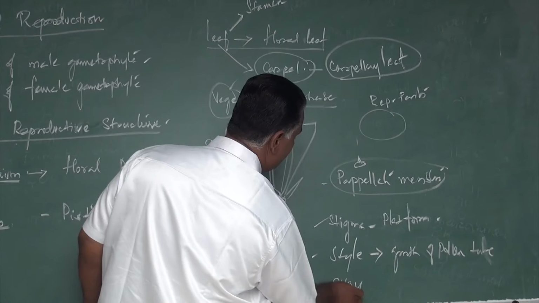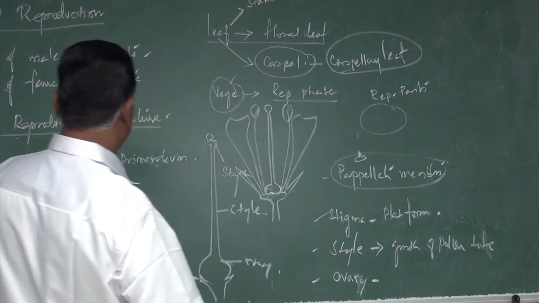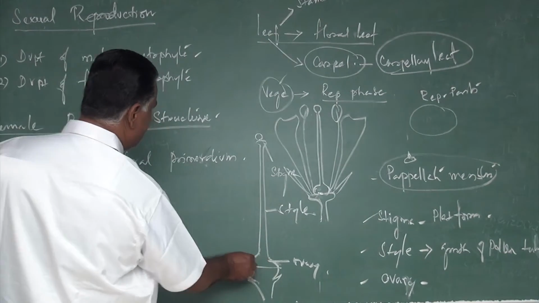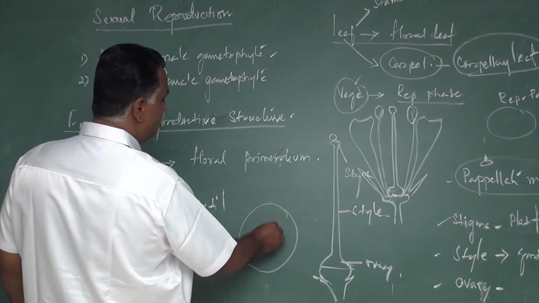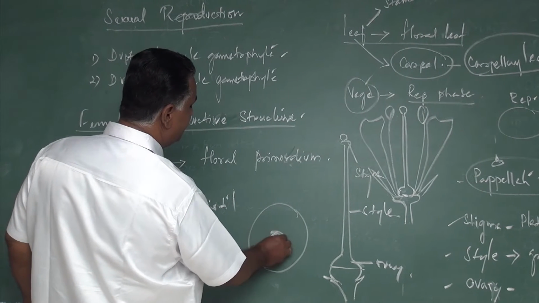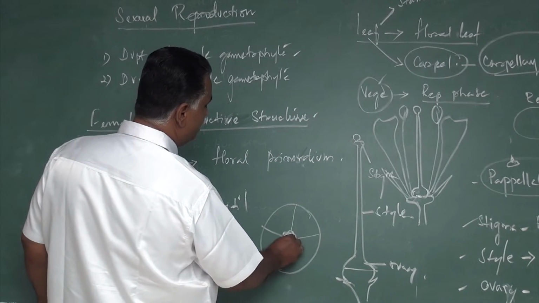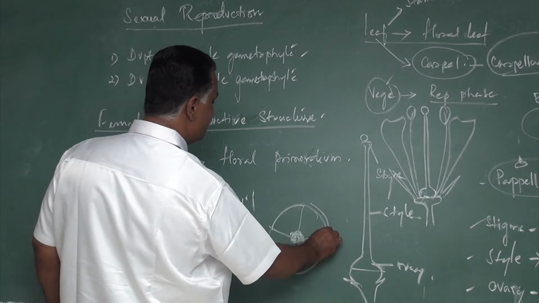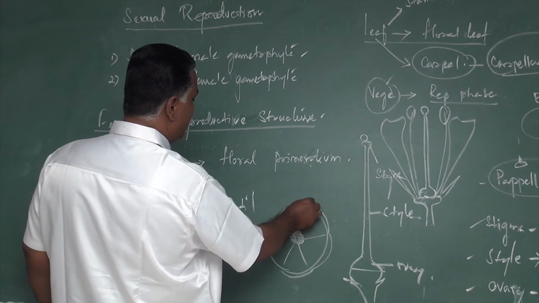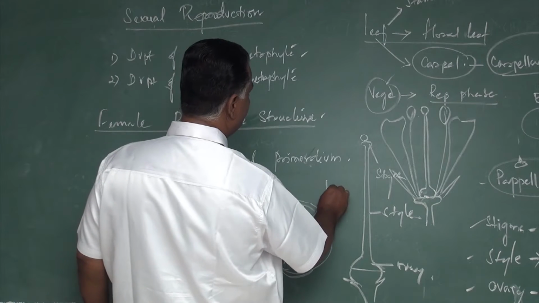As I said, it is made up of carpel and carpellary leaves. So if you have a cross section, you will come across, for instance, this. There is a column of tissue at the center that is called placenta, and there may be chambers, they are called locules. This is the CS of ovary, and here is locule.